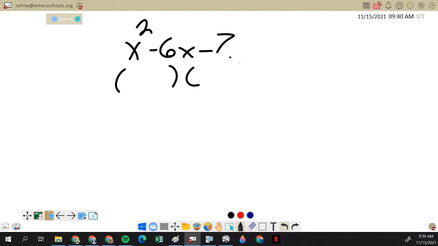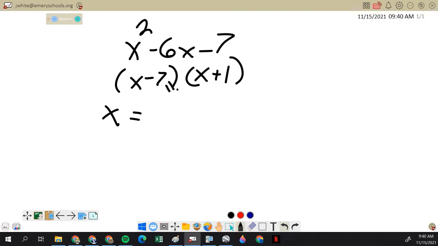Today in 4.5, we're going to learn the quadratic formula. So sometimes we have quadratics like x squared minus 6x minus 7, and that will factor into x minus 7 and x plus 1. And where does that cross the x-axis? What are the roots?